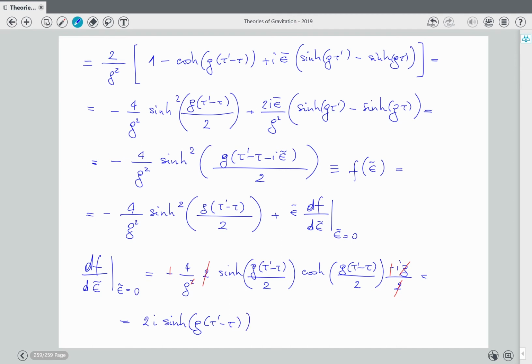Good. So we just need to show that the ratio between this and that is positive, always.